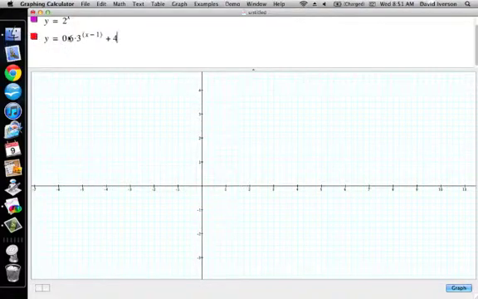So what's that going to do? It's going to take this function and vertically compress it, and it's going to horizontally compress it. It's going to move it 1 to the right, and it's going to move it up 4.